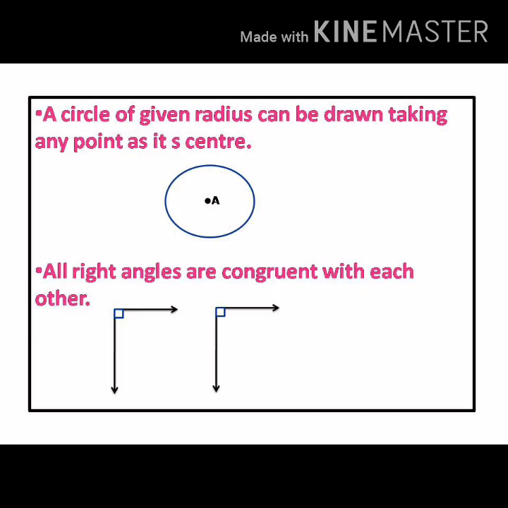Third postulate: you can see in the figure a circle of given radius can be drawn taking any point as its center. Fourth postulate: all right angles are congruent with each other. We know that the measurement of a right angle is 90 degrees. It means all right angles are congruent with each other.